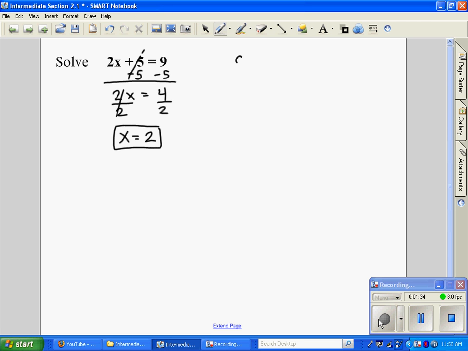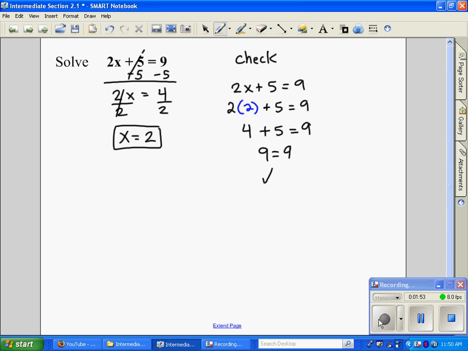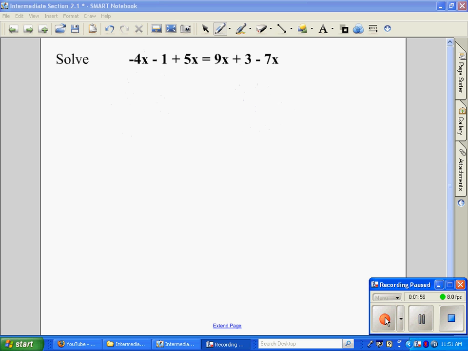To check our answer, we take the original equation, which is 2x plus 5 equals 9, and we want to substitute 2 in place of x and see if it checks. That's going to be 4 plus 5, 9 equals 9, so yes, this is a solution to our equation.